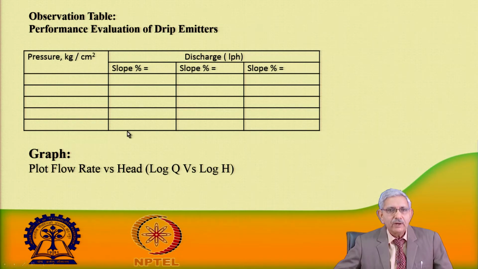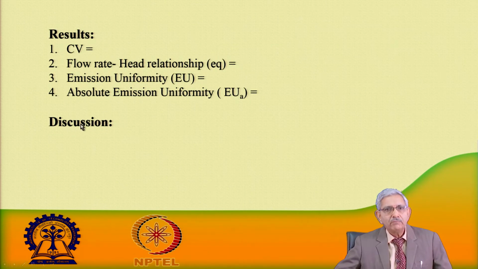Then when we change the slope, we again collect data like this. Then for a given slope you establish the relationship between flow rate and operating pressure, and if you plot these data on log paper, it should follow a straight line. Then we will evaluate the results from those data.